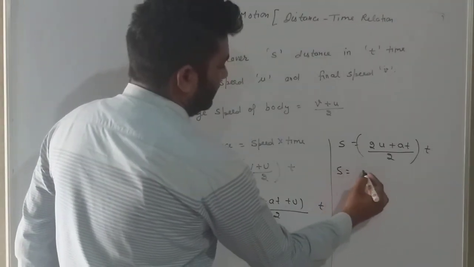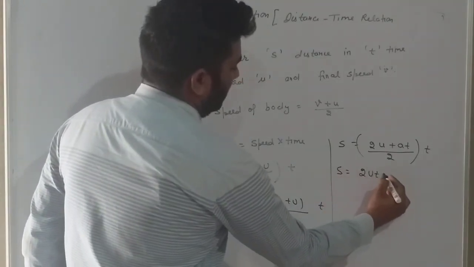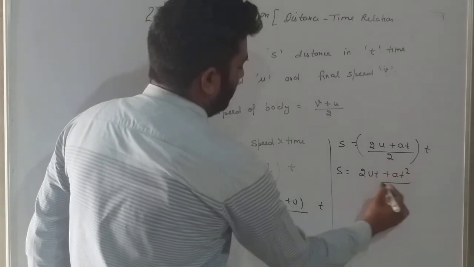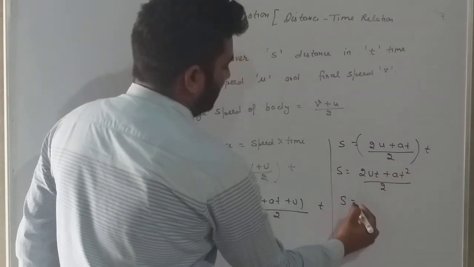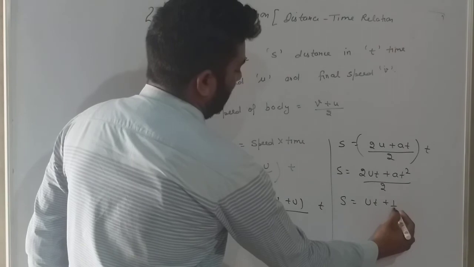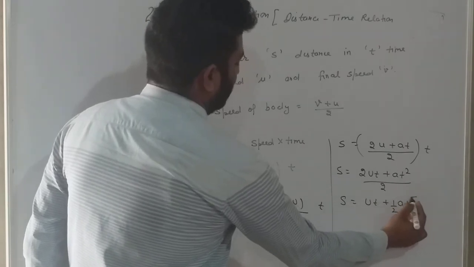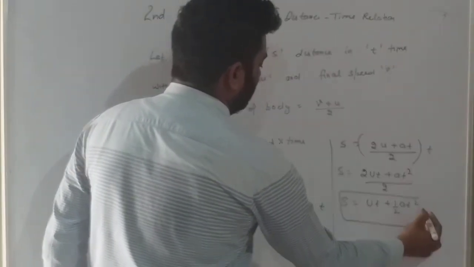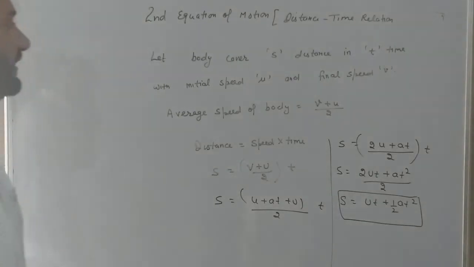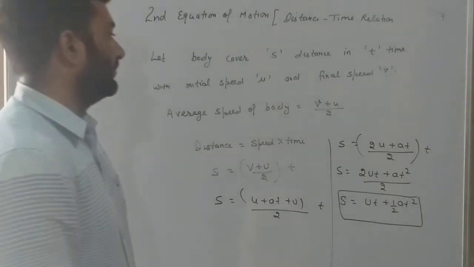So s is equal to 2ut plus at square by 2 and s is equal to ut plus half of at square. This is the second equation of motion, and this equation is known as the distance time relation.